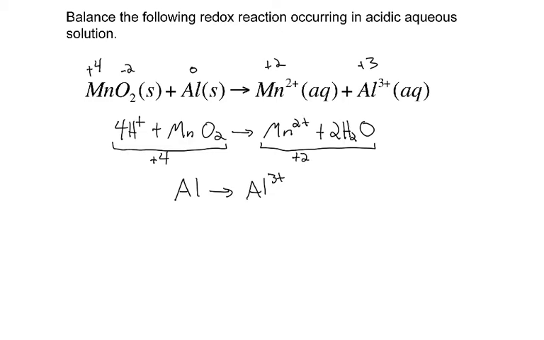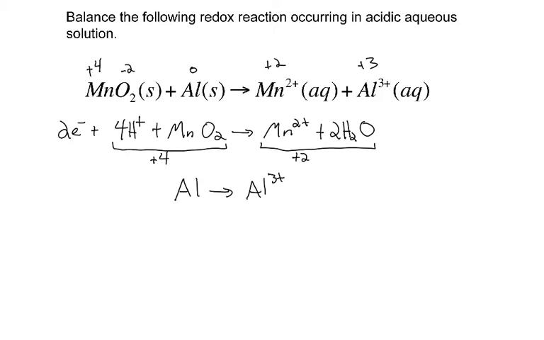When I add the electrons, they're going to make whatever side I add them to more negative, so I'm always going to add the electrons to the more positive side. So I have +4 and +2. If I add 2 electrons to this side, then it will drop it down to +2, and it will be the same as the charge on this side. So I'm going to want 2 electrons.